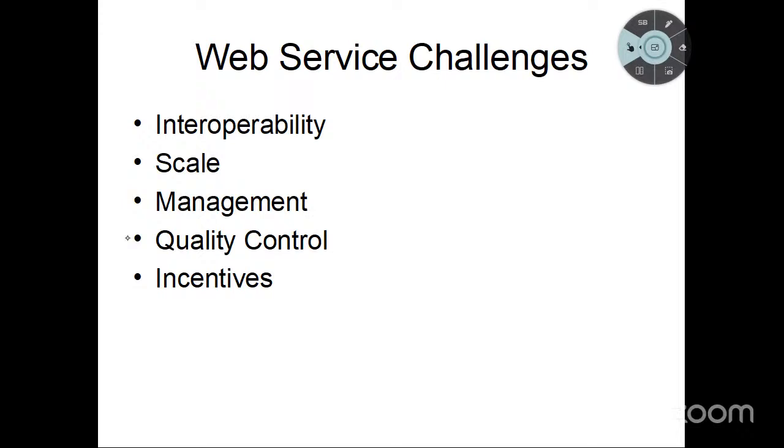Interoperability, scaling, management, quality control, and incentives.